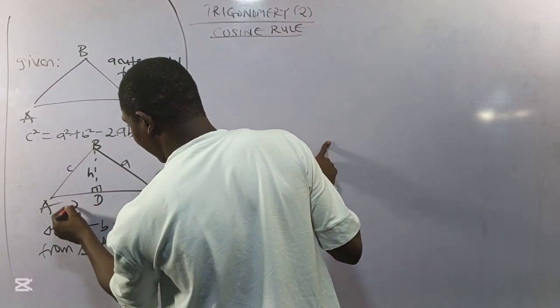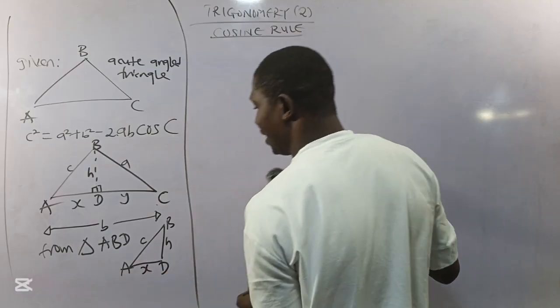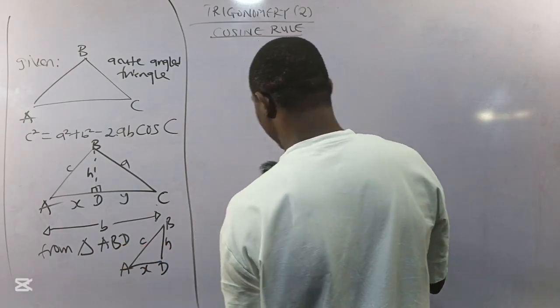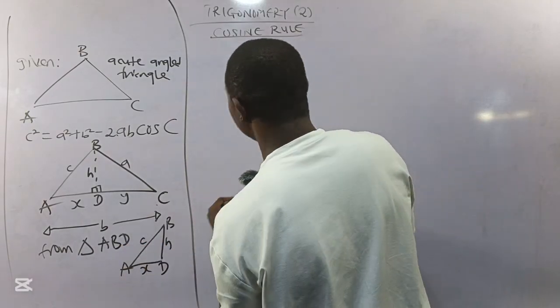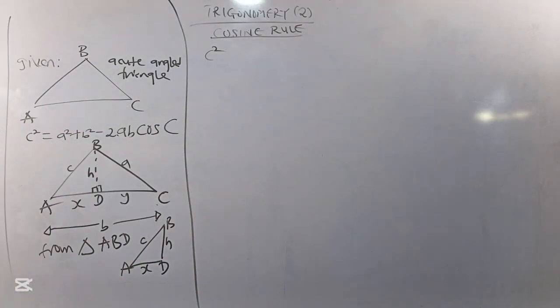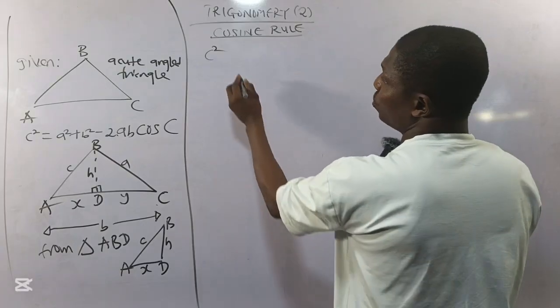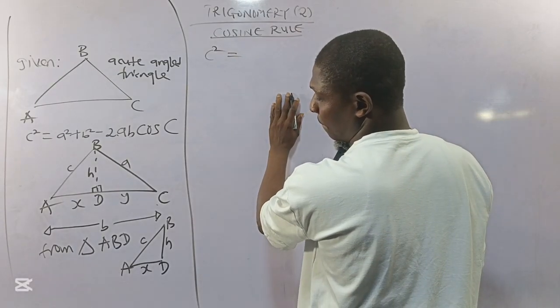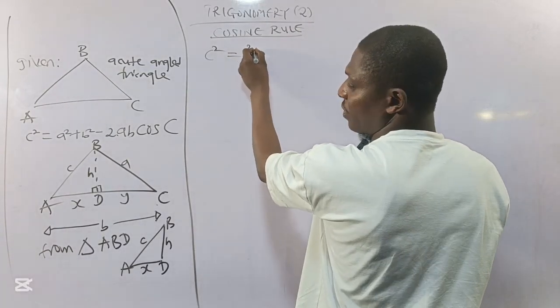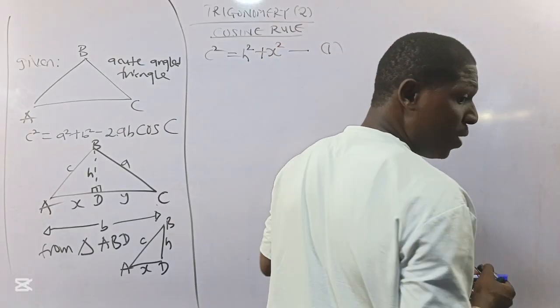Let me take AD as X and DC as Y. So from triangle ABD, we can see that c squared is equal to h squared plus x squared. You can take this as equation 1.